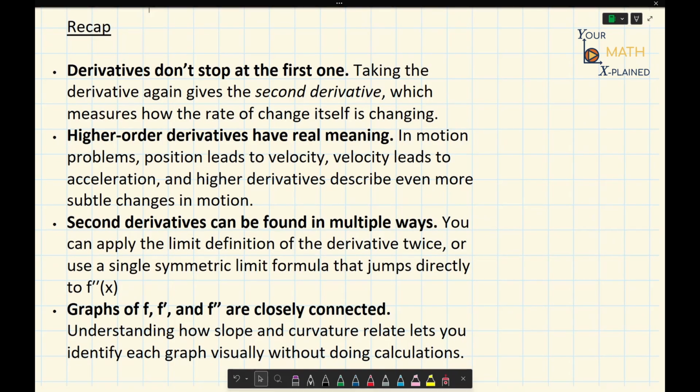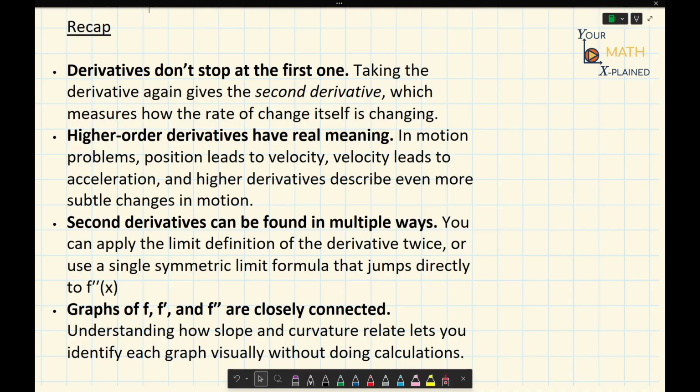And now let's do a quick recap of what we covered in this video. We saw that derivatives don't stop at the first one. Taking the derivative again gives us the second derivative, which measures how the rate of change itself is changing. We learned that higher order derivatives have real meaning. In motion problems, position leads to velocity, and velocity leads to acceleration. And higher derivatives describe even more subtle changes in motion. We looked at 2 different ways of finding the second derivative.